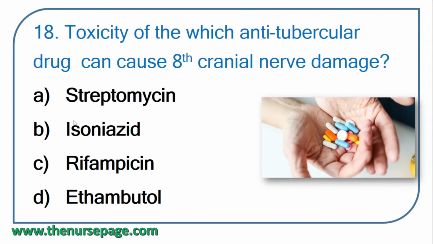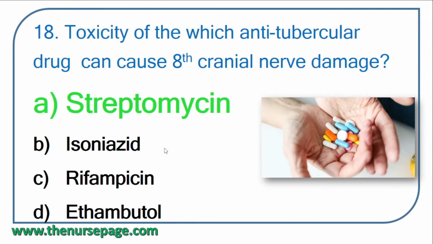Options: streptomycin, isoniazid, rifampicin, ethambutol. Correct answer is option A, that is streptomycin. Streptomycin causes 8th cranial nerve damage if it is at toxic level.